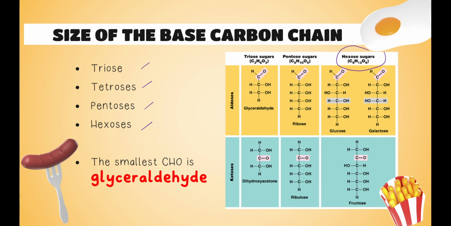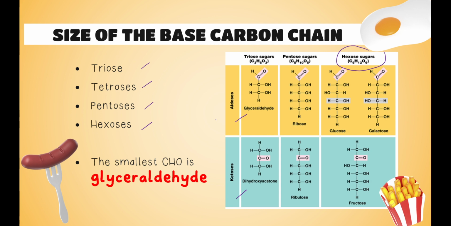So how about your triose, your pentose, and your tetrose? Now, for triose sugars, kids, we have your glyceraldehyde and your dihydroxyacetone. The smallest carbohydrates are actually the triose sugars, specifically glyceraldehyde, including dihydroxyacetone since it also has 3 carbons in its structure.